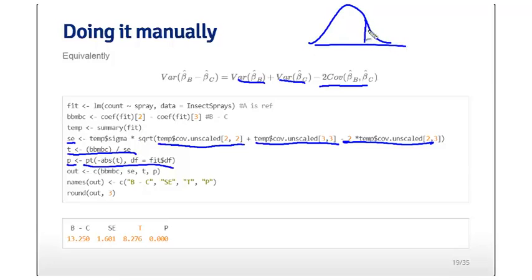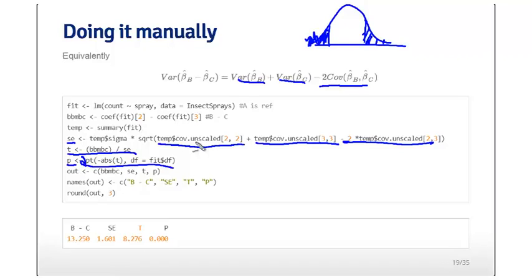We want the probability, if it's positive, of being above it. If it's negative, we want the probability of being below it. And so I always just take the absolute value, get rid of the sign, and take the negative one, and take the probability of being below, because that forces it to be below 0. I should have put a 2 there, twice that, if you want the two-sided p-value.